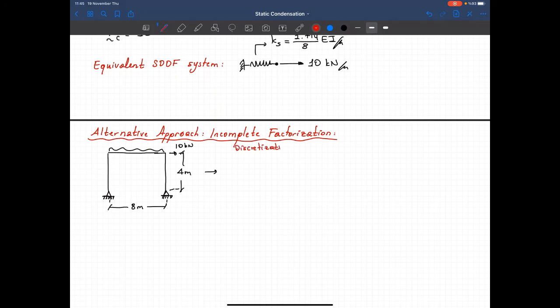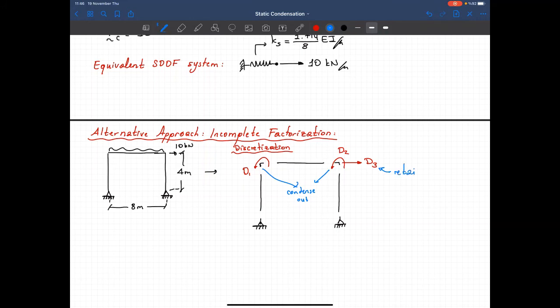This time I will number it differently. I will keep first number the ones that I want to condense. That's D1, that's D2, and then I'll have D3. So in that case, these are the ones that I want to condense out, and this one I want to retain.